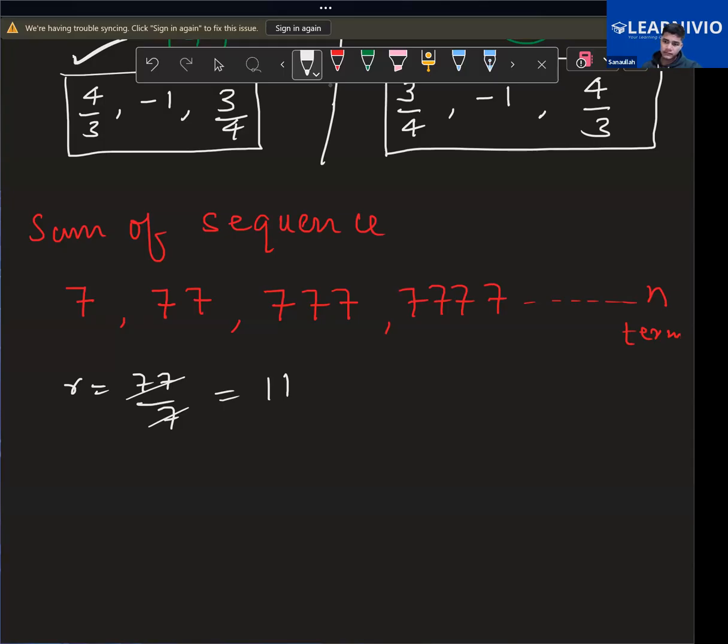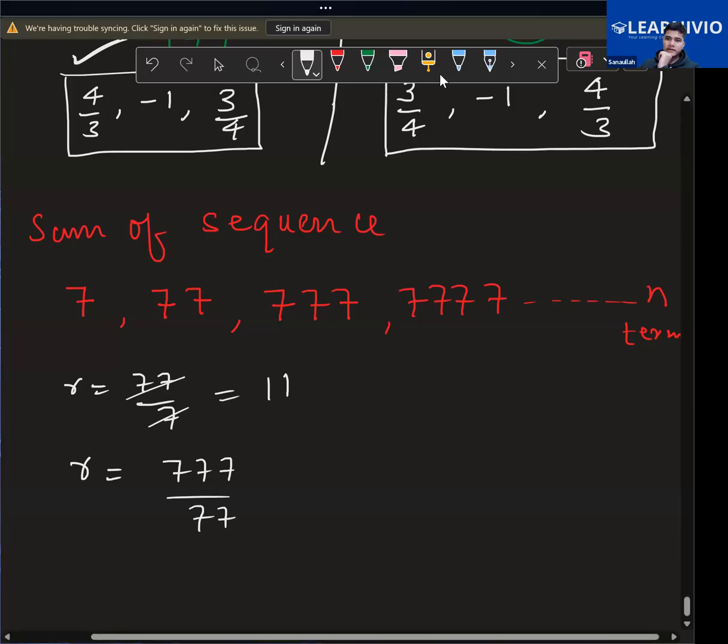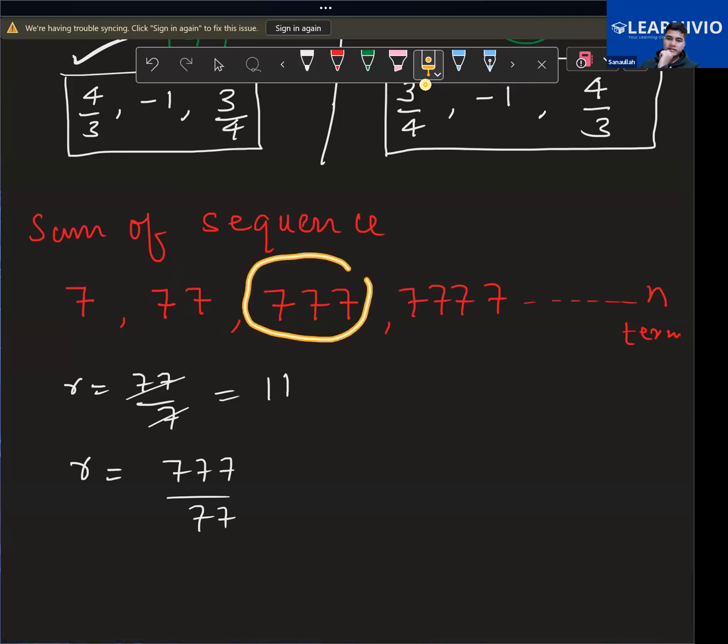Is it correct? Yes. And R could be 777 over 77. See, R could be this divided by this, or it could be this term divided by this term, because R is the ratio of two consecutive terms.